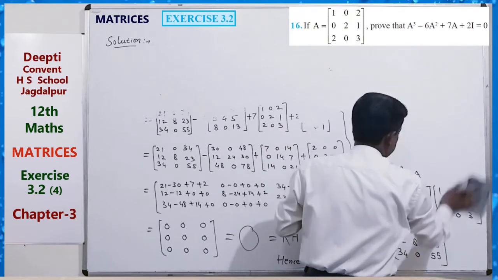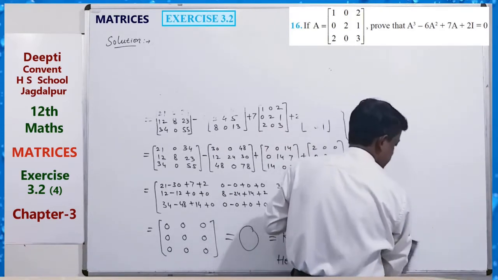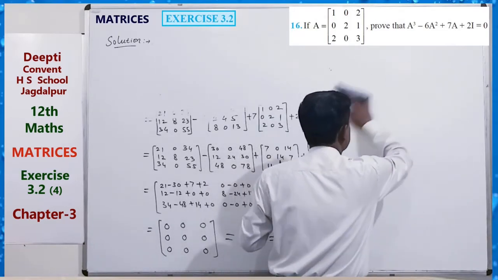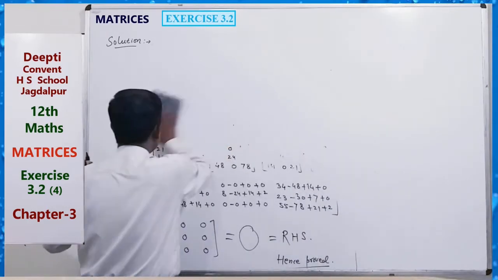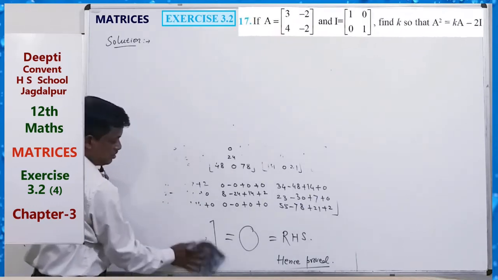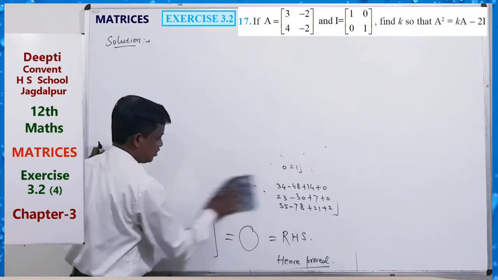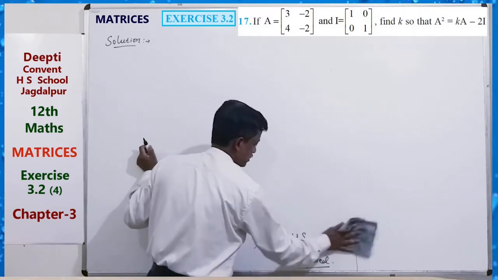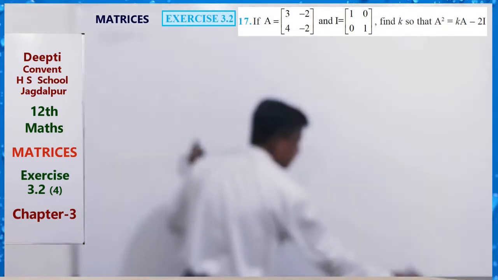You can find the value of k, because here the matrix equation is given: A square equals k, a constant, times A minus 2I, and A is given, and I is the unit matrix of order 2.